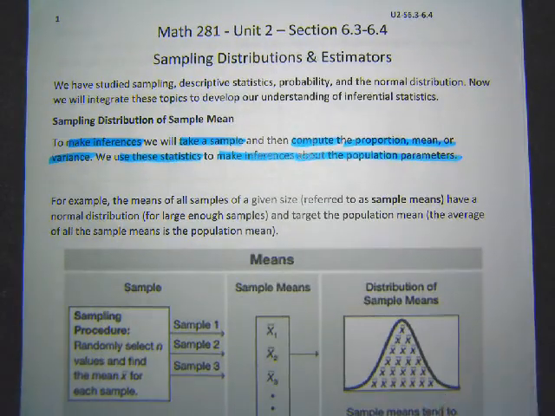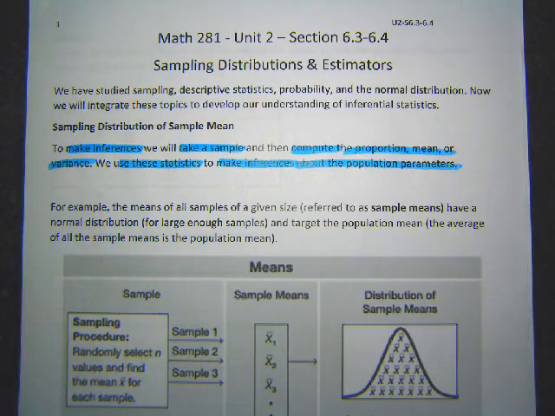Now, before we can do that, we have to make some statements about how the sample results relate to the population results. There are certain types of measurements you could do with a sample that don't give you a very good understanding of the entire population. A really good example of this is the range. Remember, you just take the top number minus the bottom number, and you get the range, the spread.